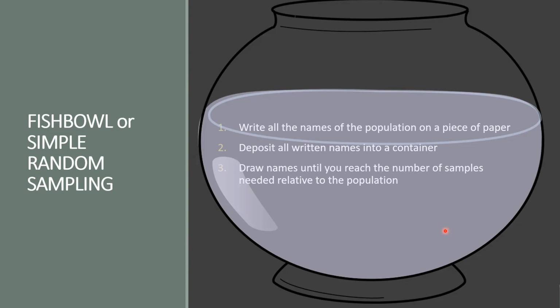So you could just obtain a container, write the names of your individuals or the whole population on a piece of paper, and let them drop their name in the container or a fishbowl.